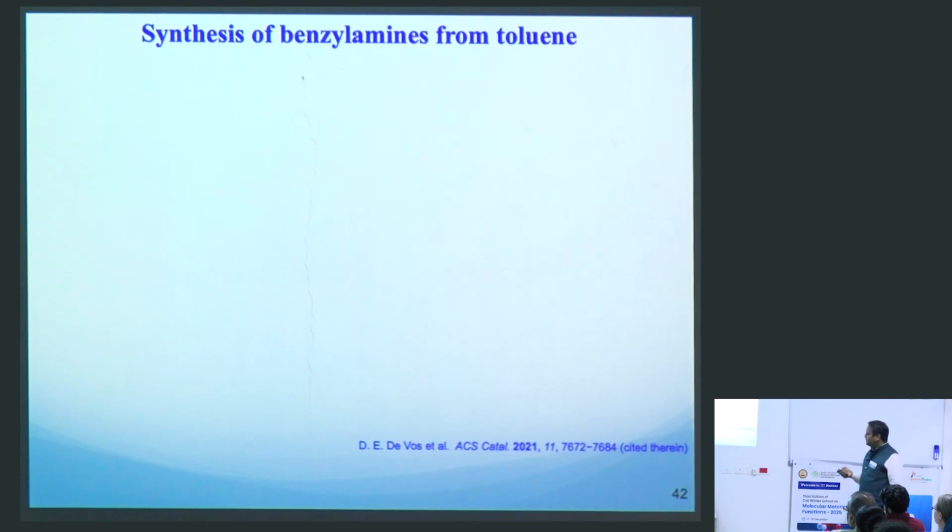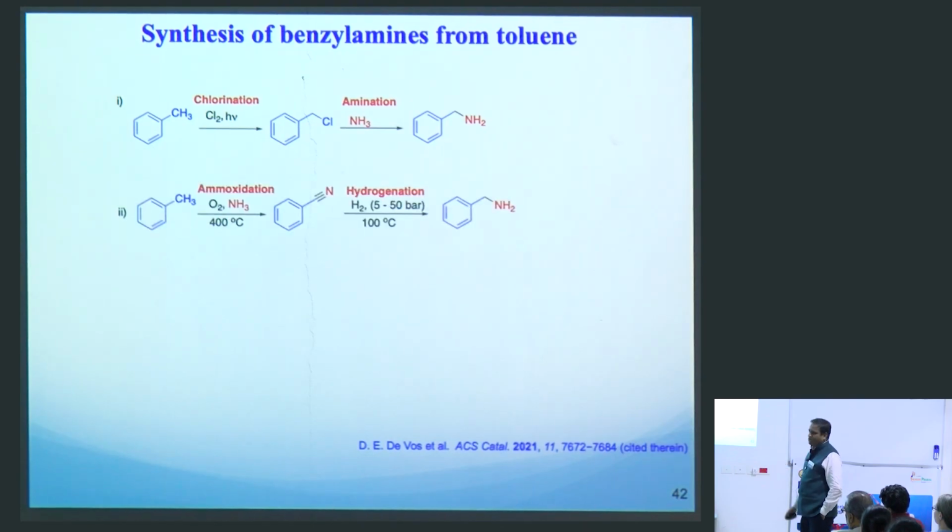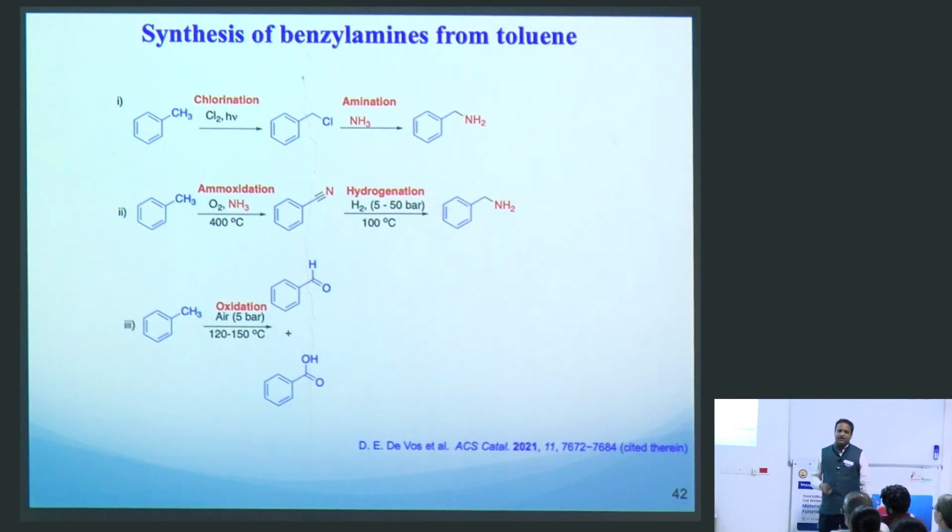If you look at the literature, there are a few methods: chlorination followed by amination, or oxidation followed by nitrile formation at 400 degrees Celsius, and then hydrogenation. Or one can oxidize the toluene under a strong oxidizing agent to convert it into benzaldehyde, but it will go for over-oxidation and form benzoic acid.